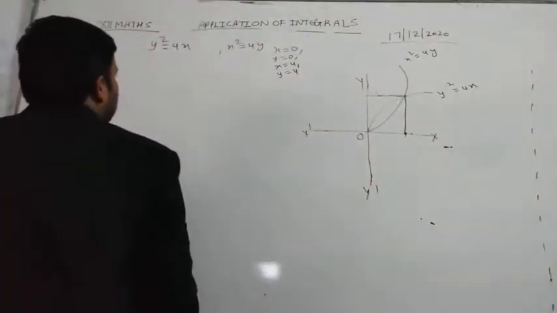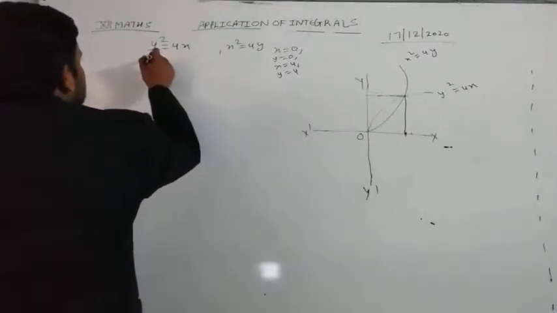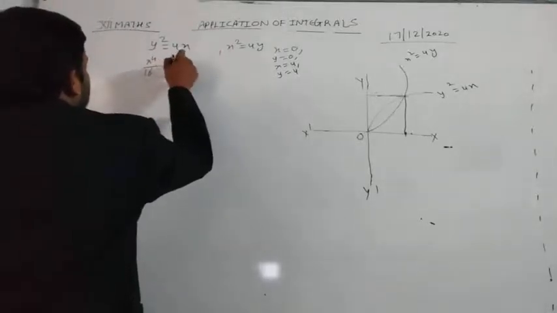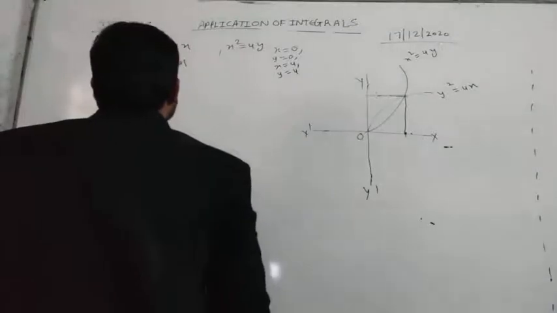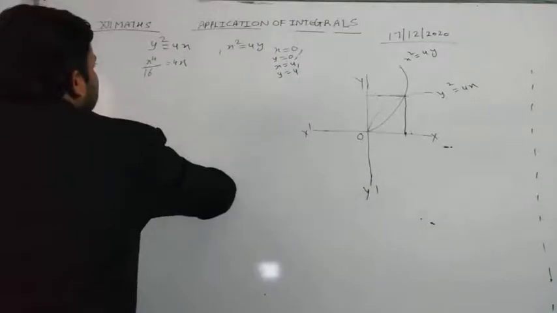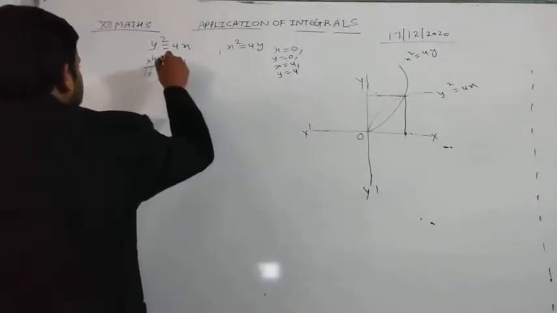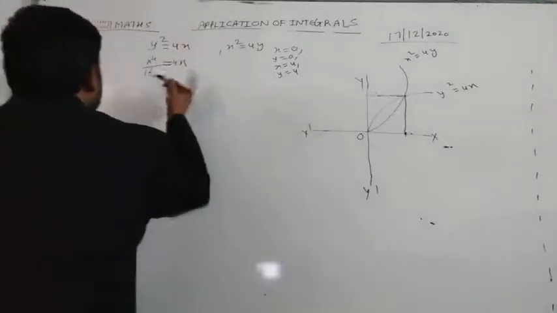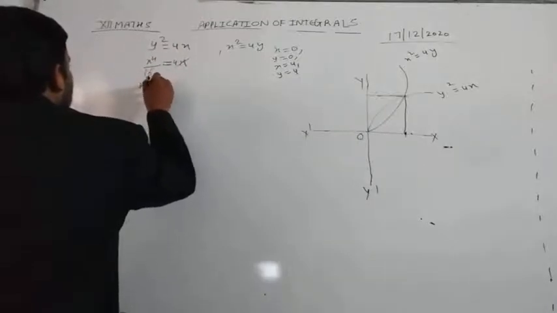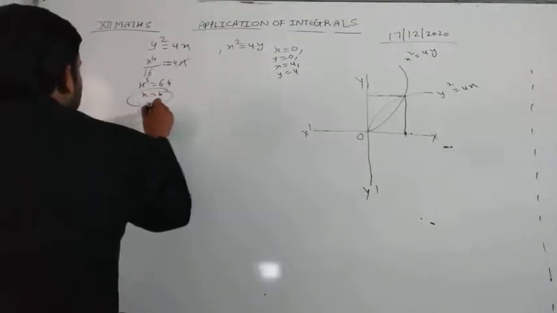Put the value of y from x square equal to 4y: 16 is equal to 4x, and this will be x cube is equal to 64, x is equal to 4, so y is equal to 4.